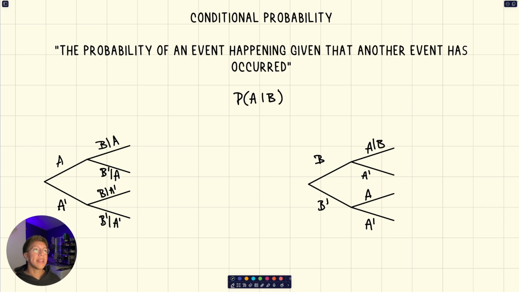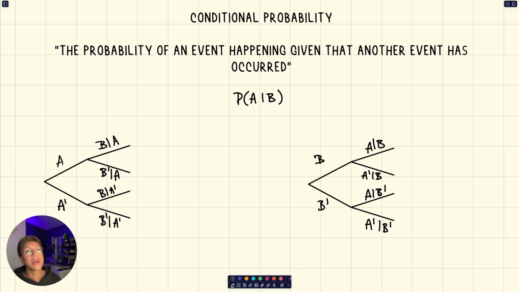So this one, following that same format, this is A given B, A not given B, A given B not, and A not given B not, like that. We see all four conditional probability cases for, again, the simple tree diagram case.